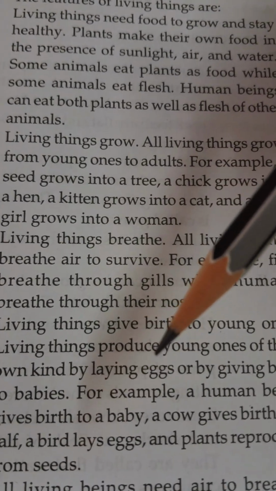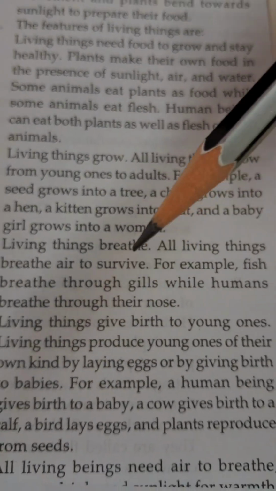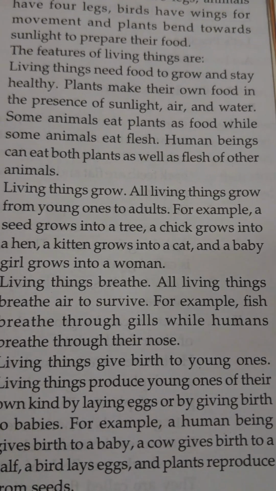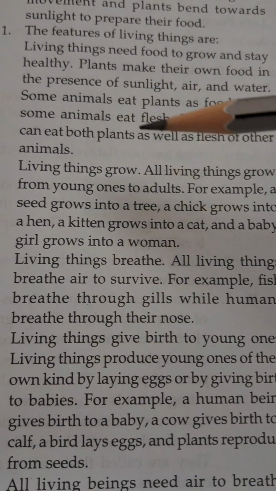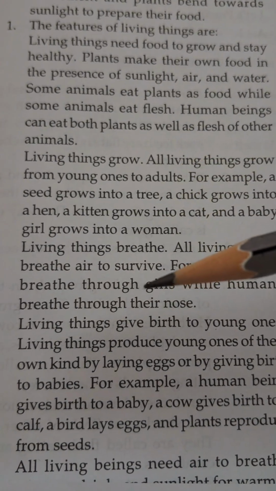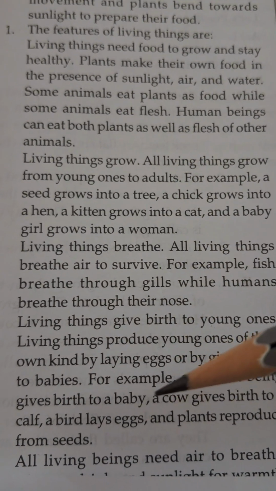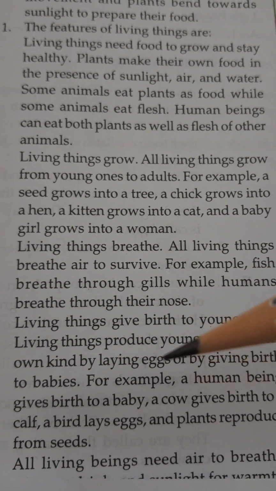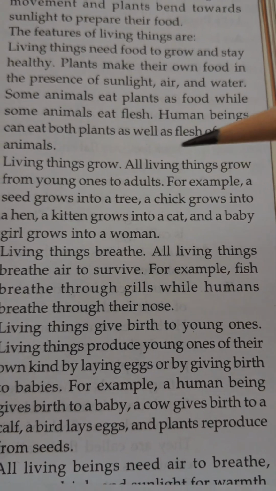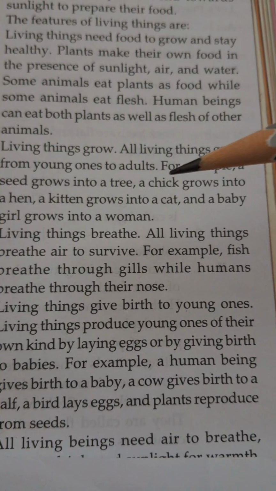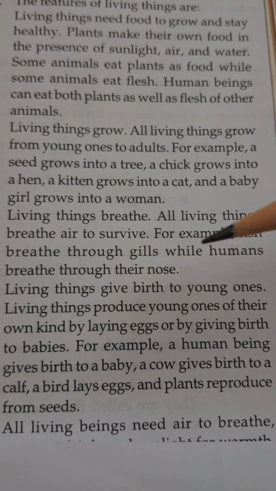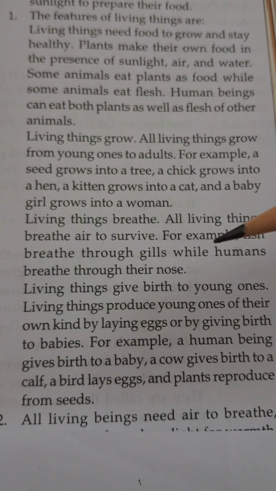This is all about the features of living things. We explained that living things need food, grow, breathe, and give birth to young ones, and we explained the examples also. As it is there in the textbook, we just explained that. Have you got it? Okay.